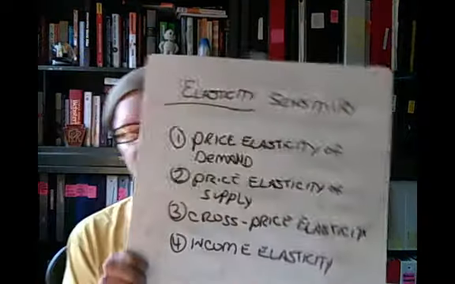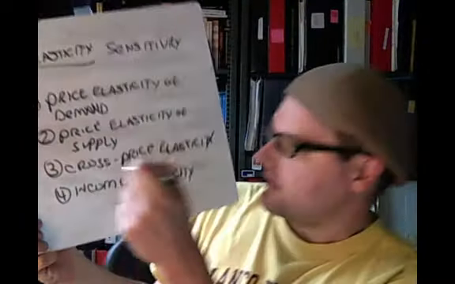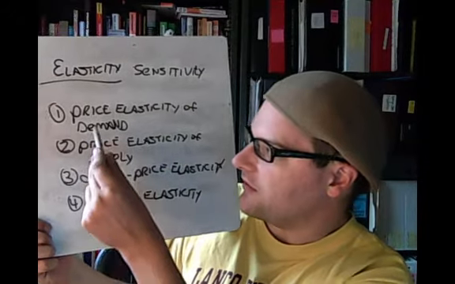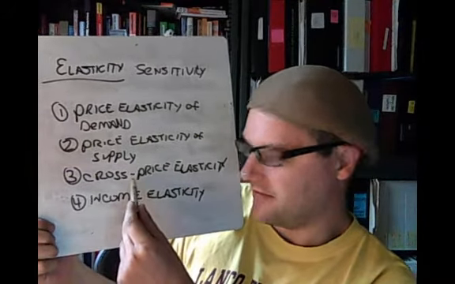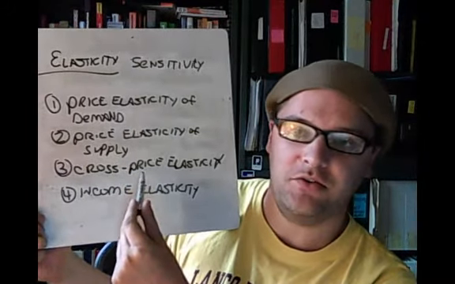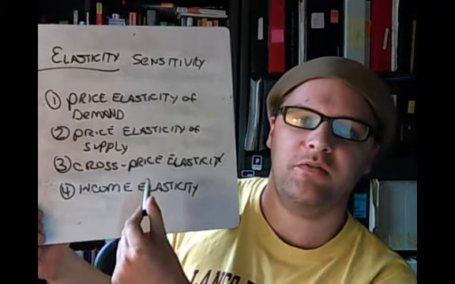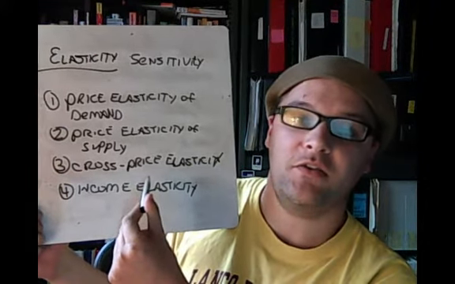So probably what I'll do is break this down into 2 parts in terms of the lecture. We're going to be looking at the various sensitivities as they apply to the demand curve, the supply curve, and how goods are related to each other, how changing the price of one good will affect the quantity demanded of another good, right?